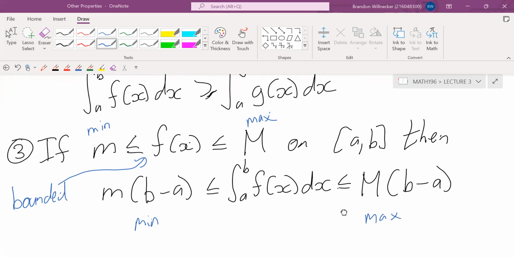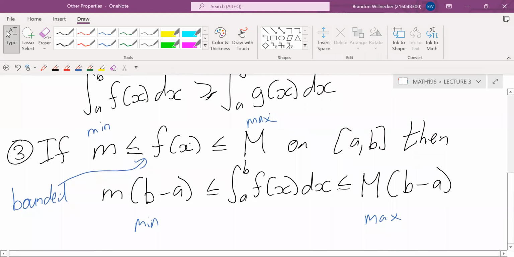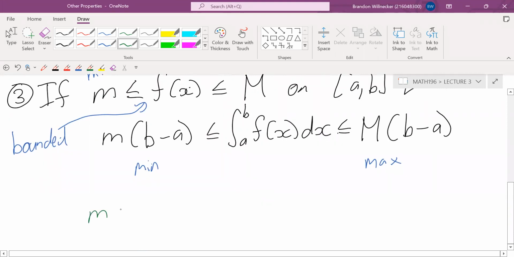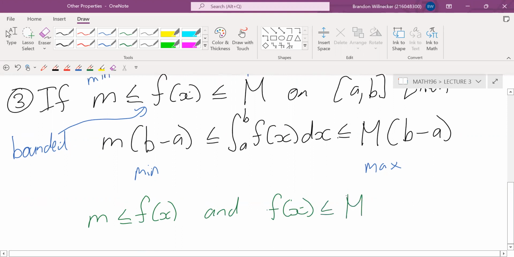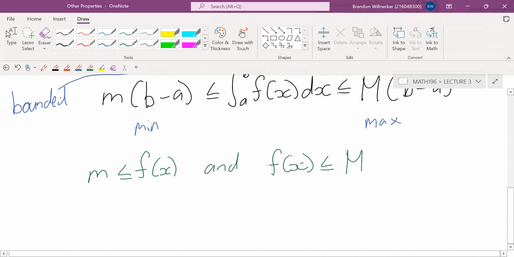So let's use property number 2 to prove this. So this inequality here, we can split into 2 parts. So we can say that m is less than or equal to f of x, and f of x is less than or equal to capital M. Okay, now we're going to use property number 2 to show that if f is greater than g, then the integral of f is greater than the integral of g.